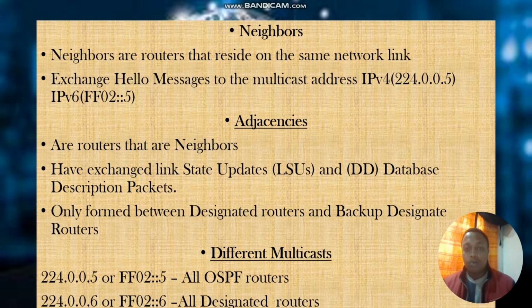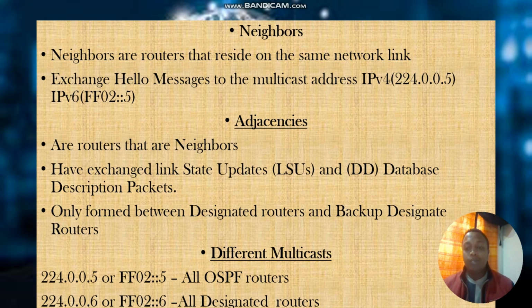Now let us talk about neighbors and adjacencies. Neighbors are routers that reside on the same network. Take for example, in your estate you have neighbors, you reside in the same area, and you can greet each other frequently, and these are hello messages when we talk about networking.